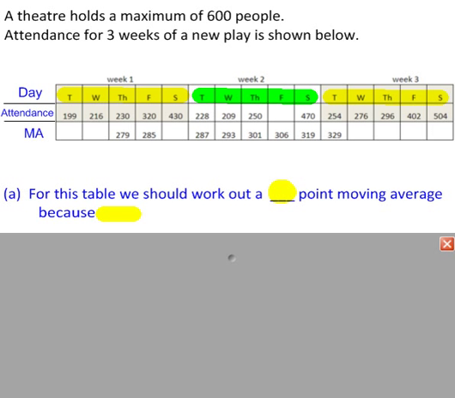And clearly from this, we can see we have a 1, 2, 3, 4, 5 point moving average, because the days Tuesday, Wednesday, Thursday, Friday, Saturday repeat.